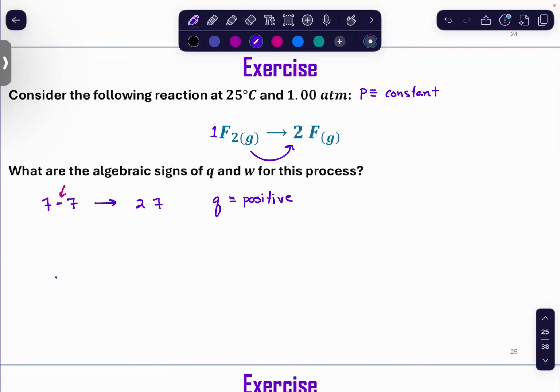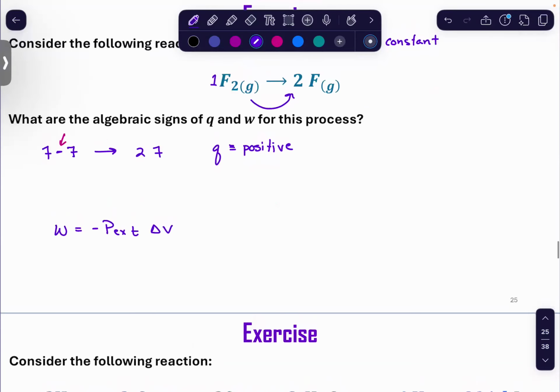So if we think of work, negative P external delta V, we know that delta V is positive because the system is getting bigger. Work is going to be negative P. Well, you can call this the 1 atmosphere.